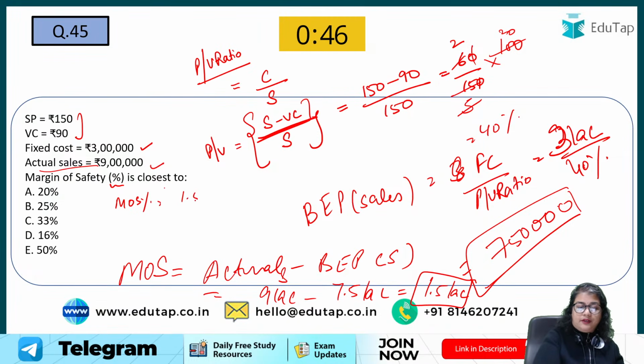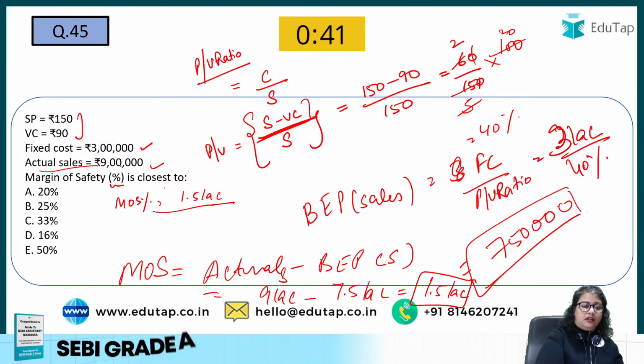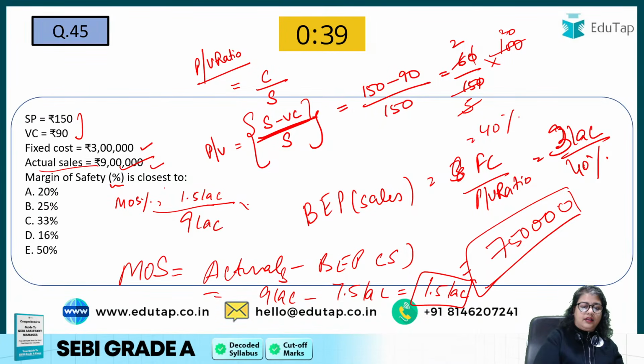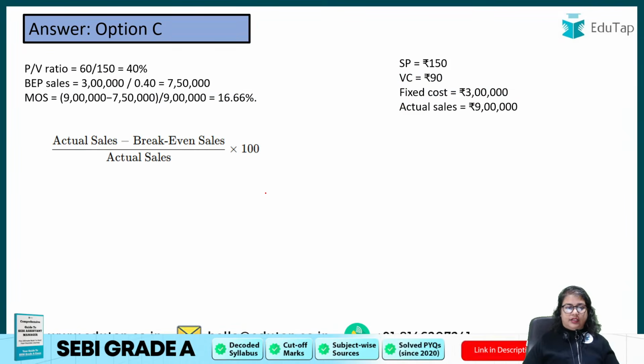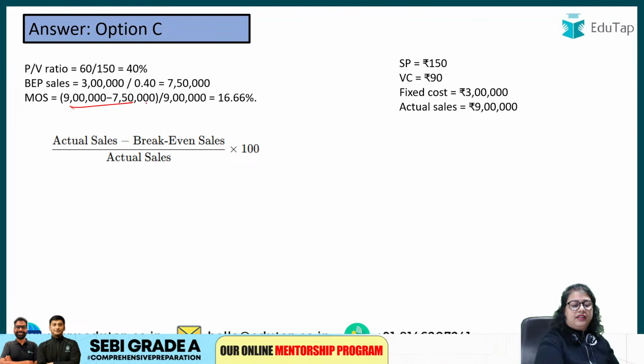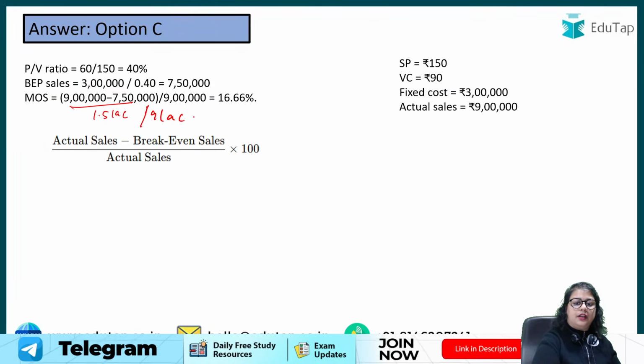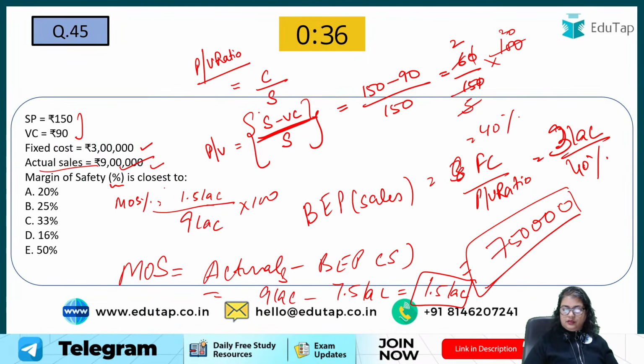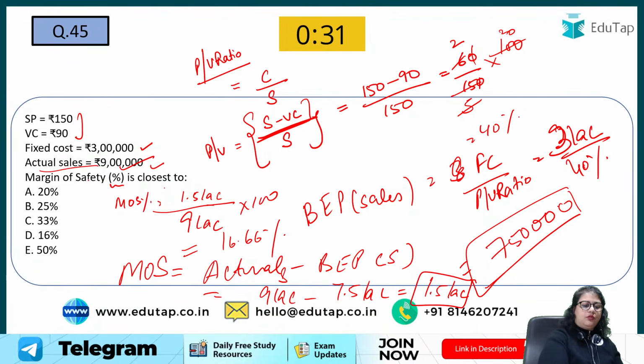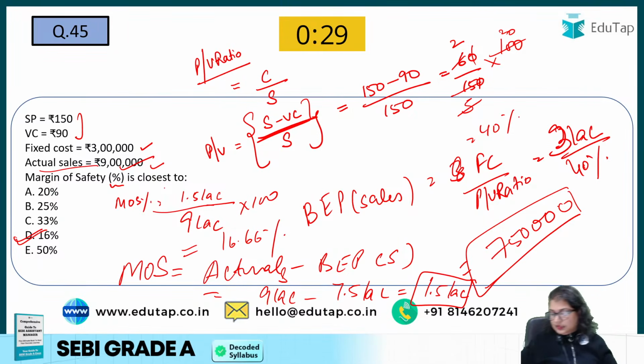This will be 1.5 lakh, that is the margin of safety, divided by the sales, that is 9 lakh into 100. So when you calculate this, 9 lakh minus 7,50,000, that is 1.5 lakh, divided by 9 lakh, that would be how much? 16.66%. Okay, here this would be 16.66%. So the answer would be, it is closest to option D, 16%.